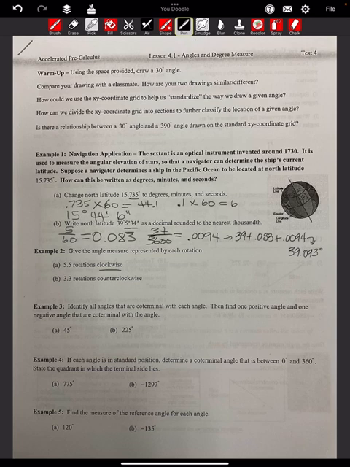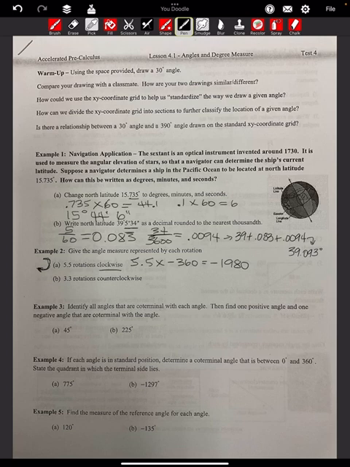We're going to say 39 plus 0.083 plus 0.0094 is going to give us 39.093, because remember it's to the nearest thousandth. So thousandths is 3 decimal places. So again, that would be what we would say as our answer. It's 39.093. All right, so that's the first thing we're going to talk about.